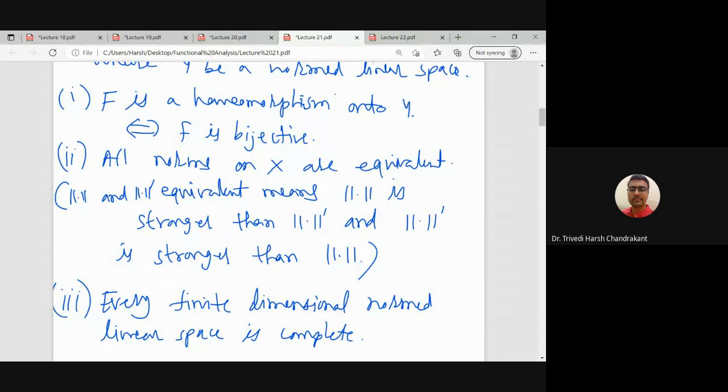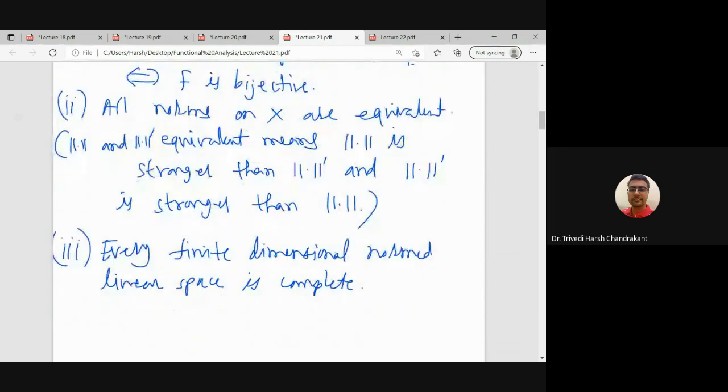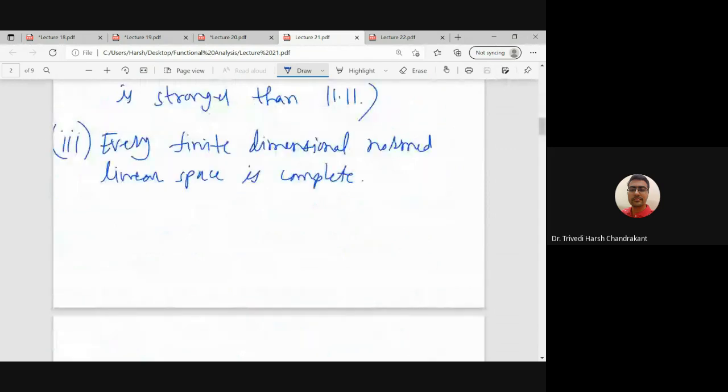But in general, we don't know whether all the finite dimensional vector spaces are complete or not. So in this third part, we'll prove that as long as our vector space is finite dimensional, whatever norm we take on that finite dimensional vector space, that vector space is always complete. So that means every Cauchy sequence converges in that. So let us prove this result one by one.